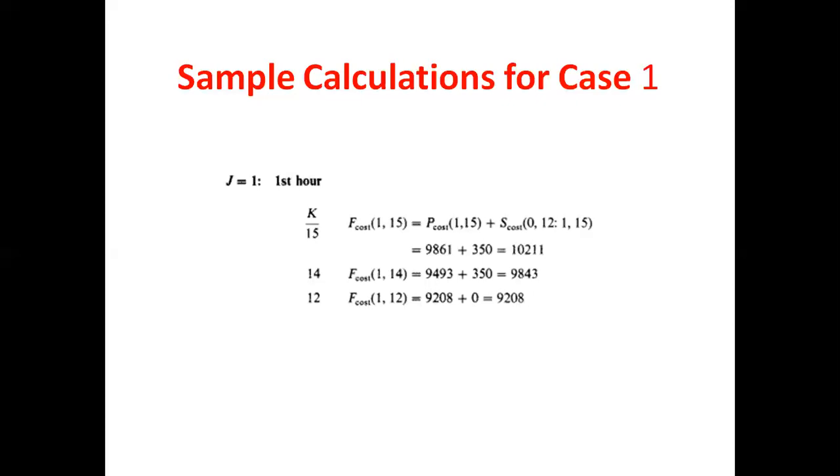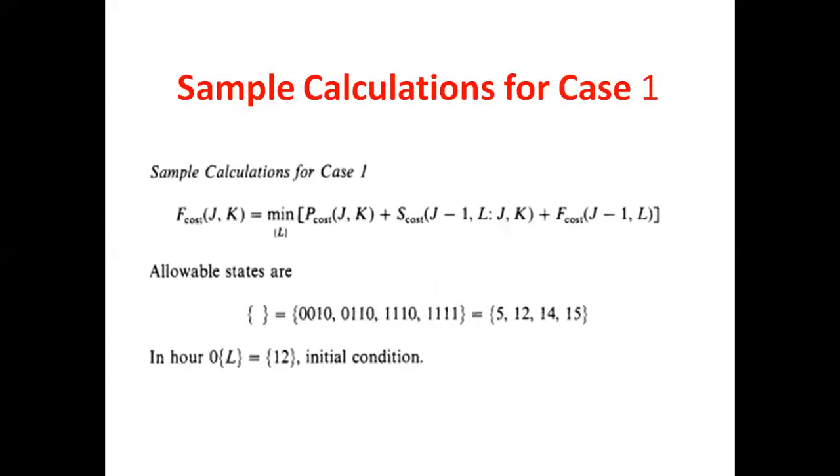That is clearly given when j equal to 1 and k equal to 15: the production cost of 1 comma 15 and the transition cost from 0 comma 12 to 1 comma 15, that is from the 0 hour to the first hour, and from state 12 to state 15.